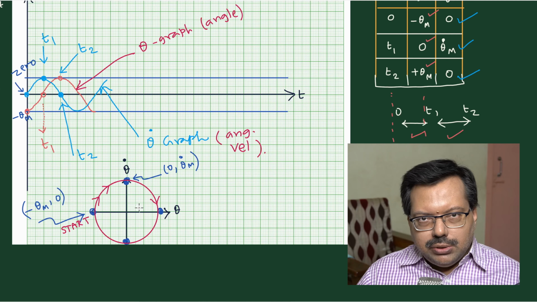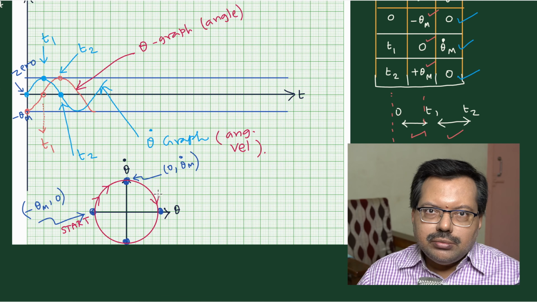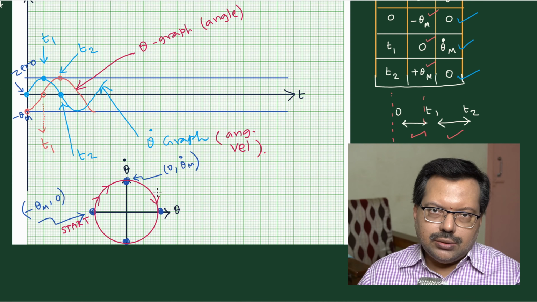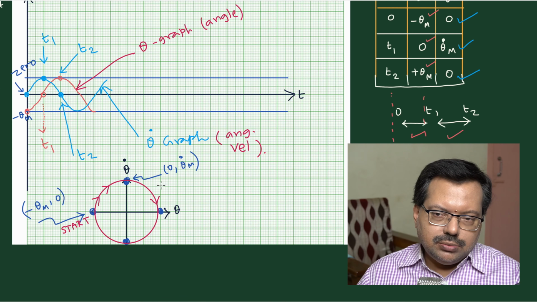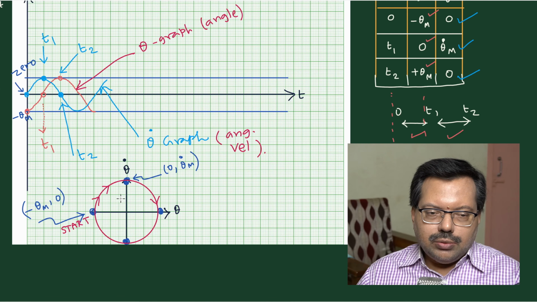Let me therefore show you on the screen how this phase plot will get complicated if we deviate from the simple pendulum structure. So we are going to change the structure of the simple pendulum, and see how complicated the phase space can become. You can't even imagine what kind of phase plot will emerge.